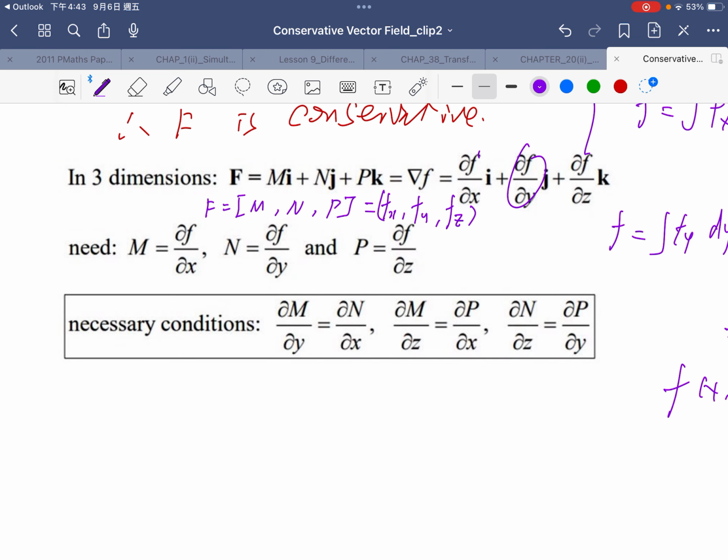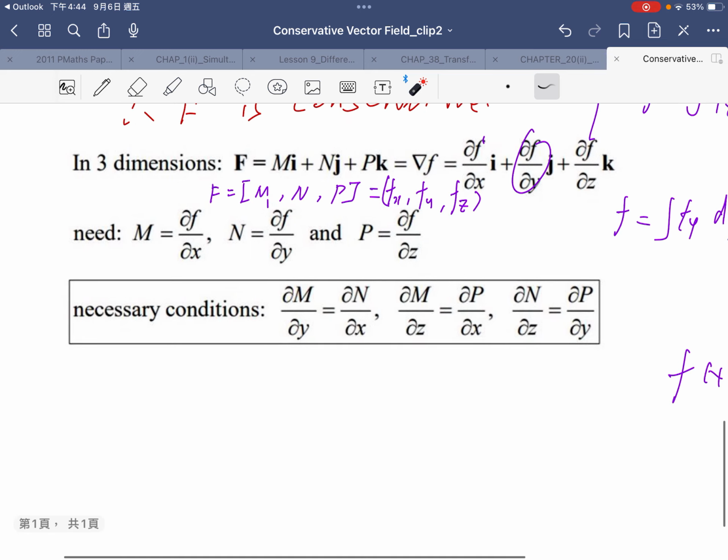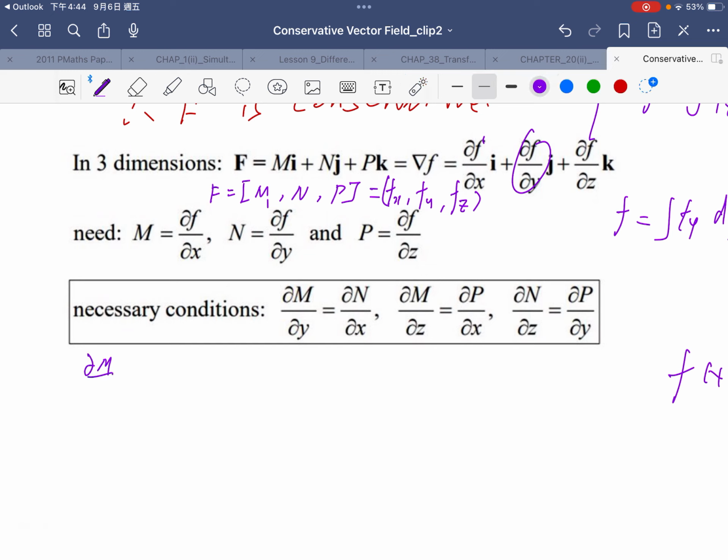M is the partial derivative of f with respect to x. Then I do another direction: I partially differentiate M with respect to y and z.